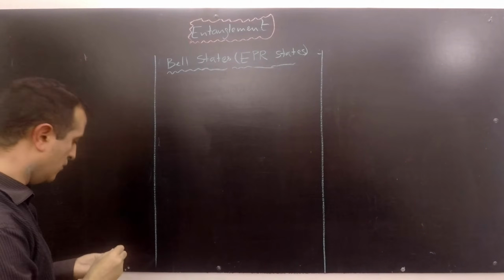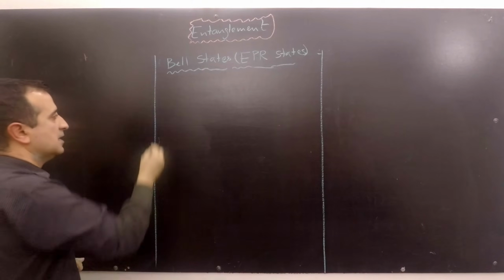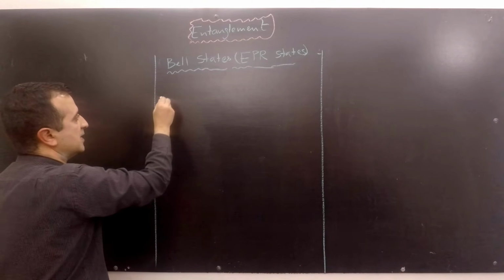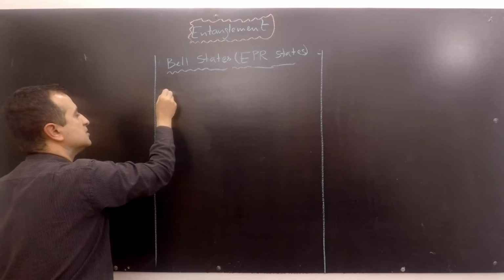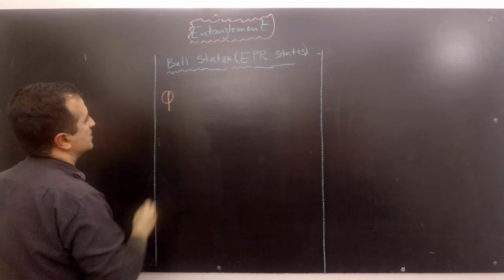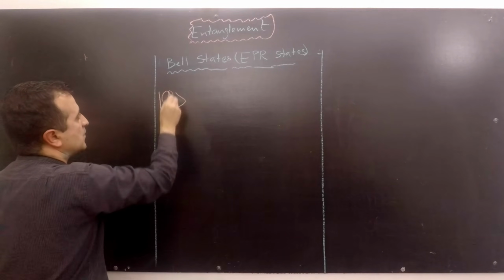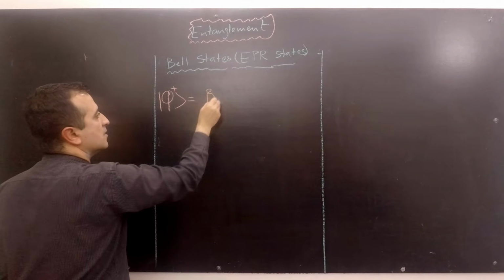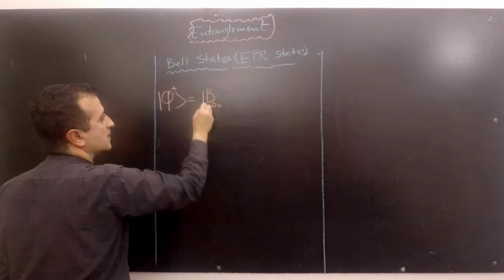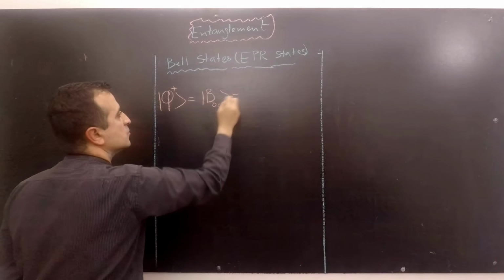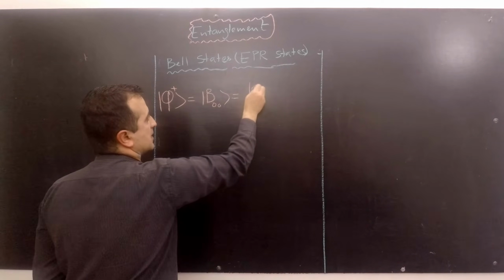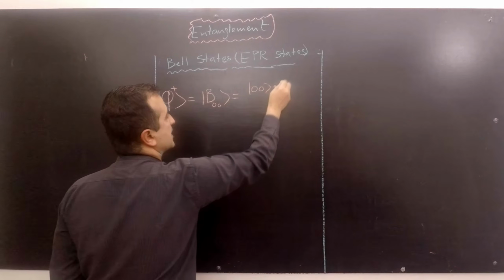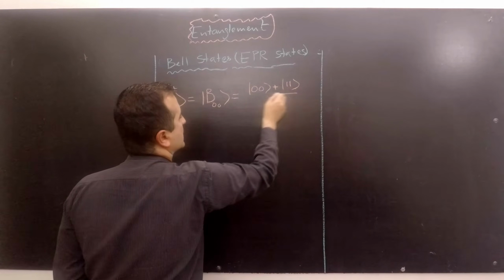We have 4 entangled qubits described as Bell states. The first is known as ket phi plus. It is also known as Bell state 00 and equals ket 00 plus ket 11 divided by square root of 2.